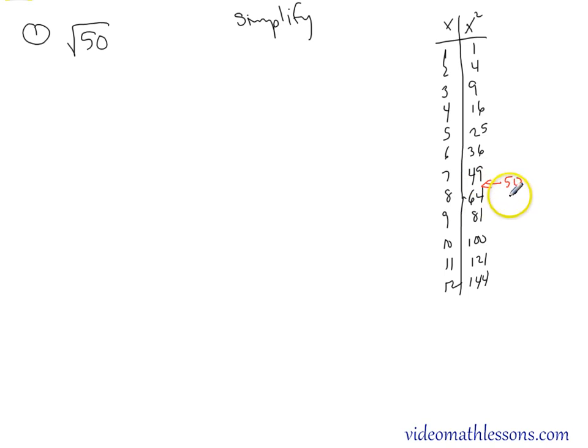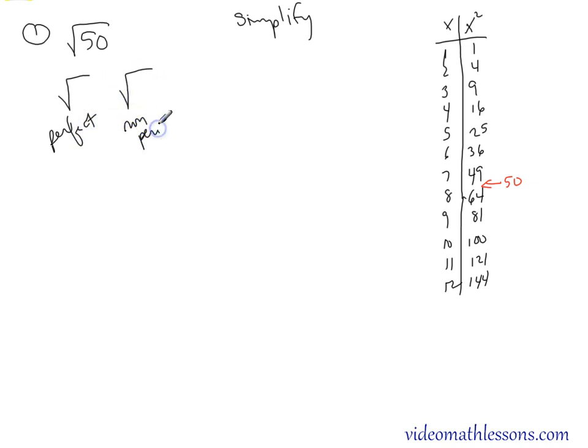Now your goal is to pull out a perfect square that's in 50. So if you start from 50, you work back up the chart this way. 49 doesn't go in there. You're looking for whoever goes in perfectly. Hopefully you recognize 25 goes in there perfectly. So we write down the perfect, and then the non-perfect.